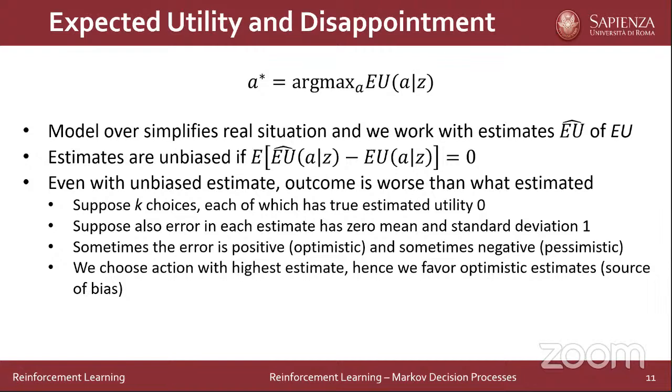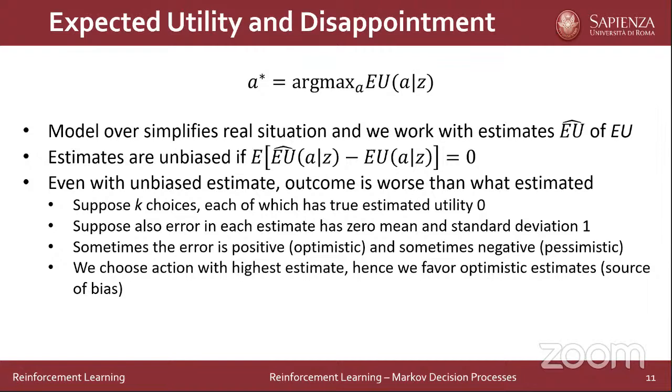So this means that the agent, first of all, will not always take the true optimal action. It will take an action which might be optimal with respect to the current estimate, but which is not the true optimal action with respect to the true expected utility function. And your approximation might be biased.